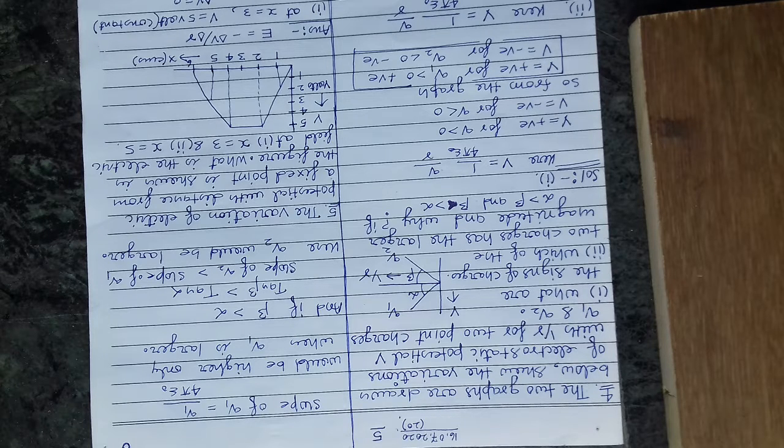So for the charge Q1, potential is varying along the positive y-axis. So we can conclude that Q1 is positive.